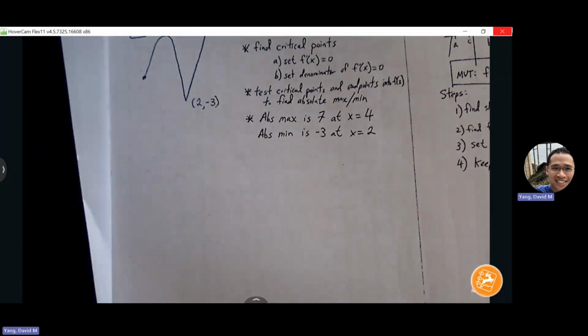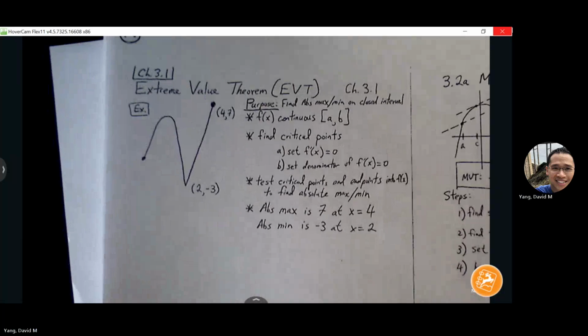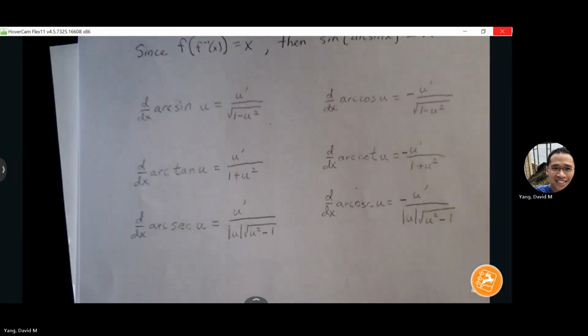Okay, so before you guys write these down, let me run through the rules again, and then we'll try it. Okay, so again, we have arcsine, arctangent, and arcsecant. Those are the most important ones.